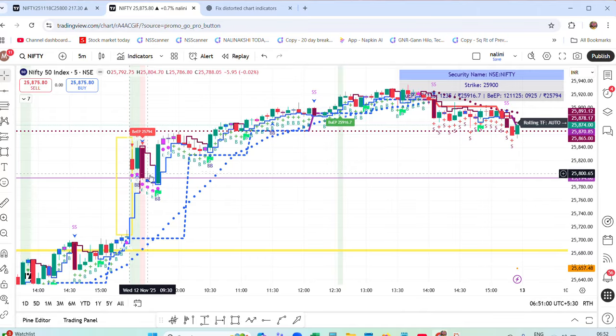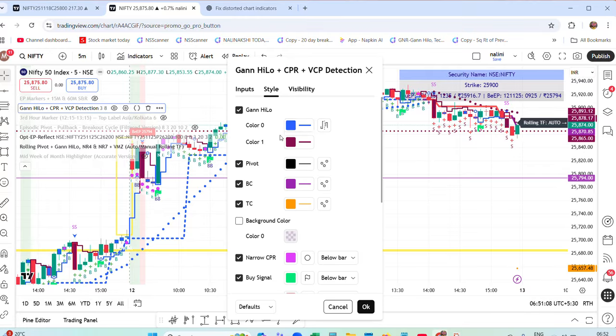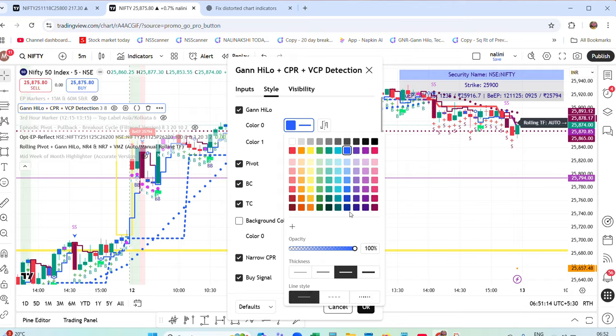I need to change the color to differentiate this from the longer-term Gann HiLo. Let me make it a little bit dark, and magenta to red.